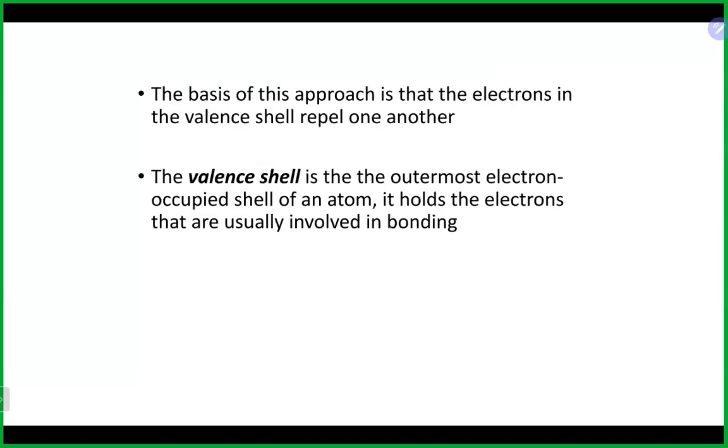Now, the basis of this approach is that the valence shell electrons repel one another, which means, frankly, when we make bonds and draw Lewis structures, it's all about electrons, which are all negatively charged. Do negatively charged electrons really want to be near each other? The answer is no, because they have the same charge.